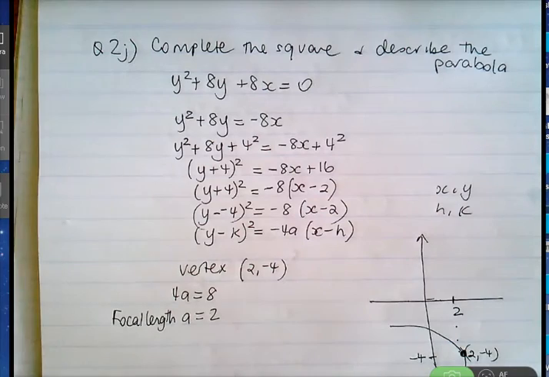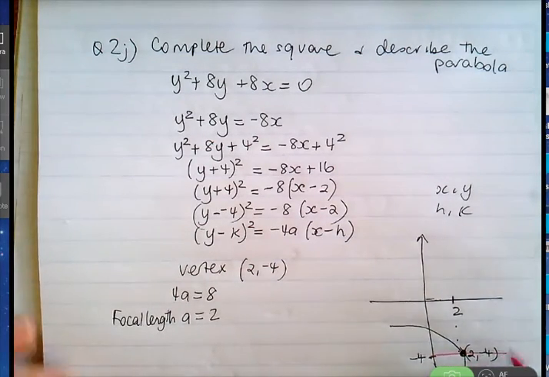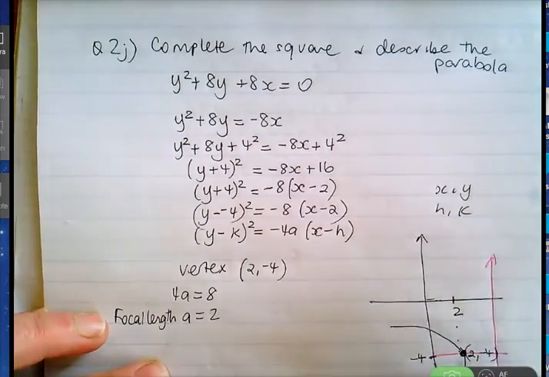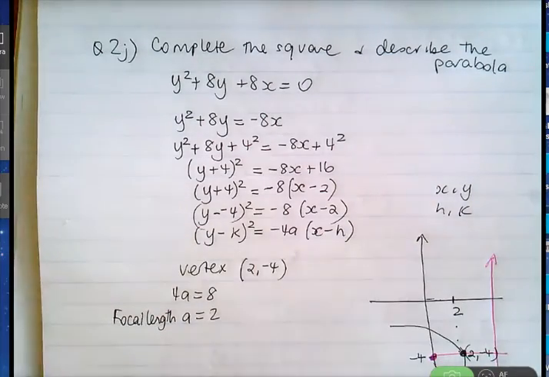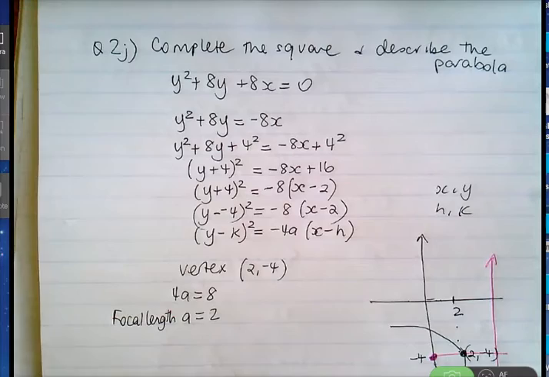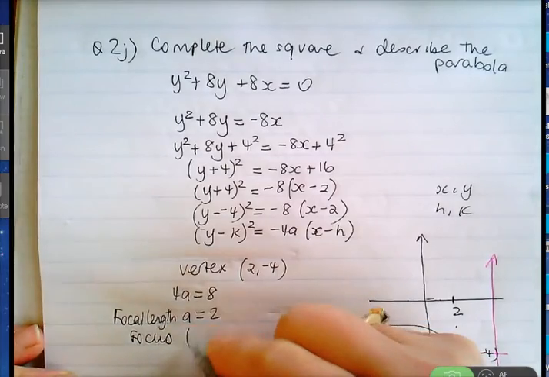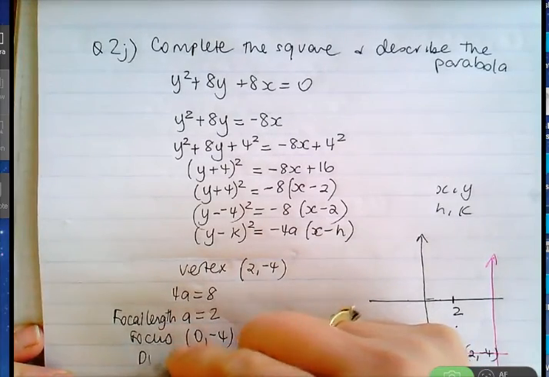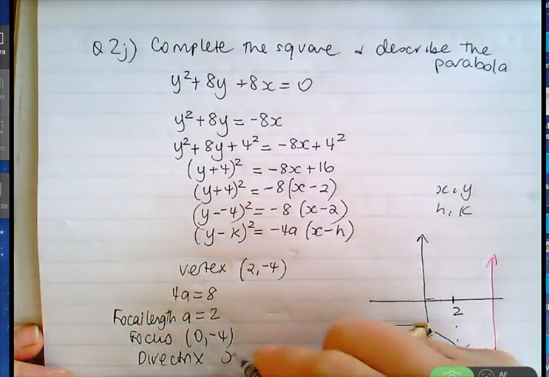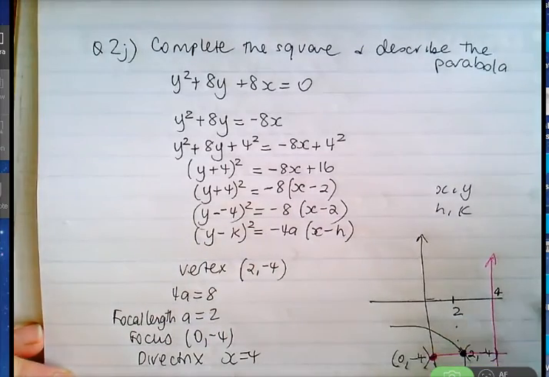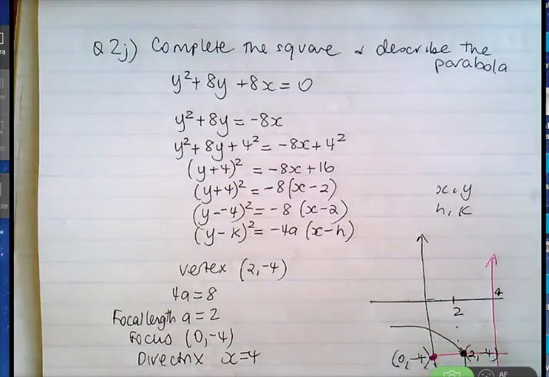How many units do you want to go each way? 2 units that way, 2 units this way. So what's the focus? (0, -4). Good. And the directrix is x equals 4. Good.